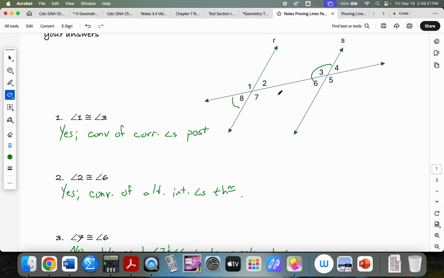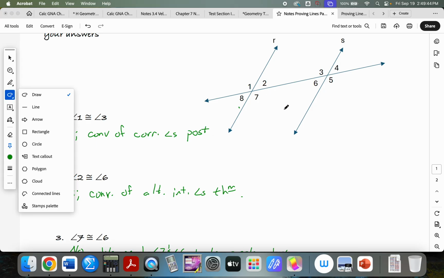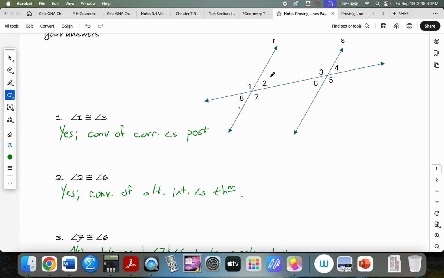All right, what about if 2 and 5 are supplementary? I'm going to erase this real quickly. 2 and 5 are supplementary. There's no real good way to mark supplementary. I wish that there was. I had a student years ago who would put an S for both of them and say that meant that they were supplementary. And I'm like, it's okay, but I don't like it.